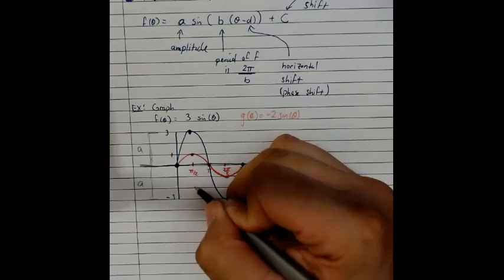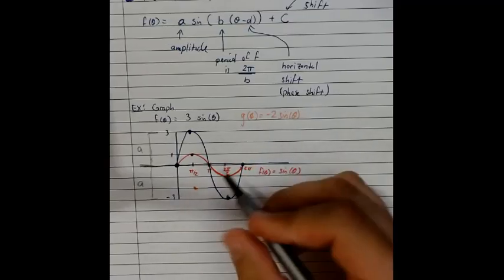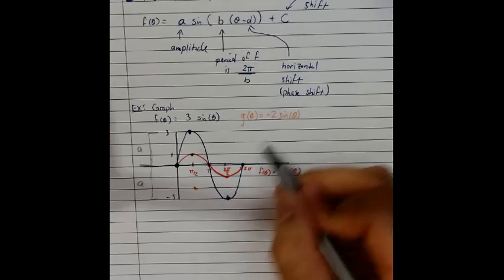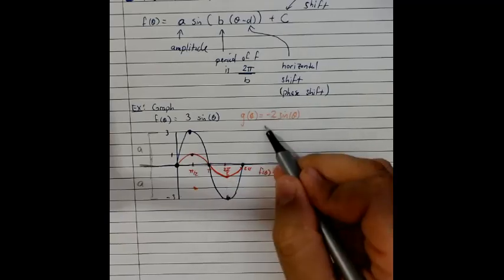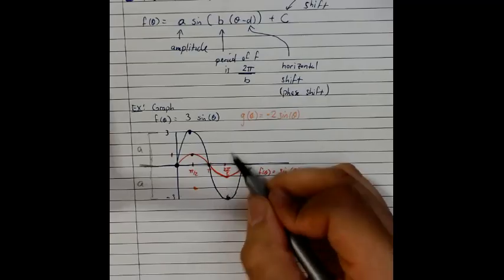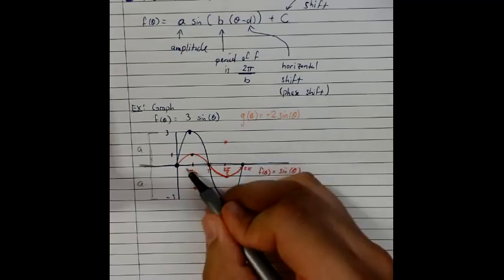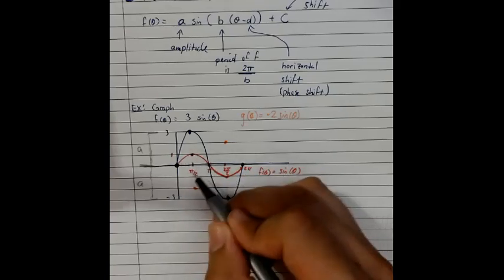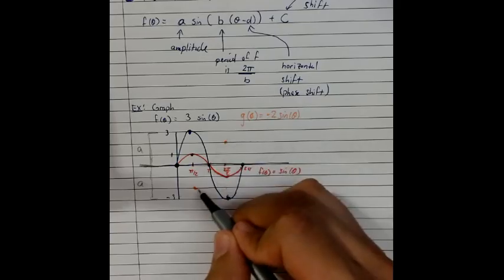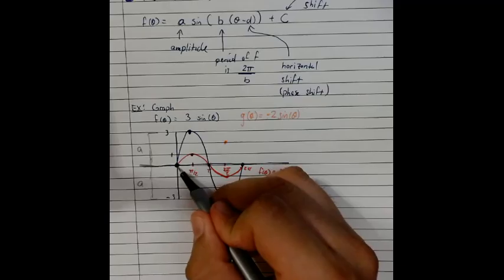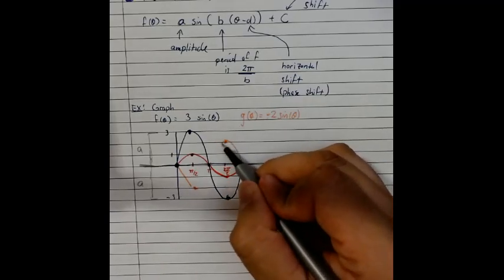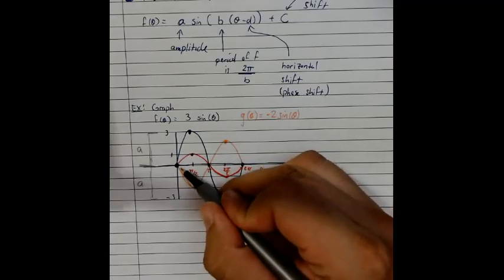I'm going to go down to a minimum of 2. And over here, I would normally go down to a minimum of 2 if this was 2. But because of the negative, everything gets flipped, so now I go up to a maximum. So notice that changes the amplitude. Instead of going up to 1 and down to negative 1, now I go up to 2 and down to negative 2, but it also reflects my graph. It changes everything so that it's upside down relative to what it was before.